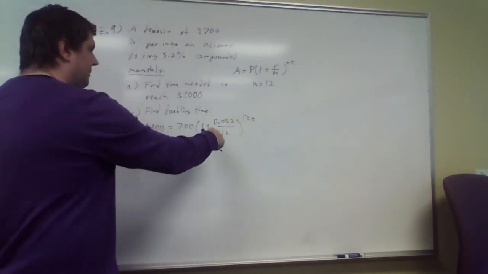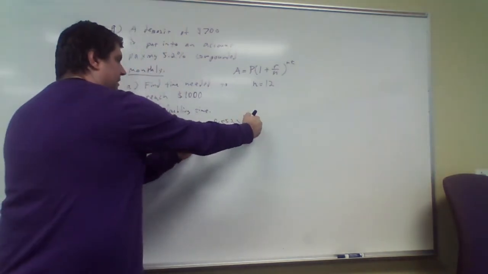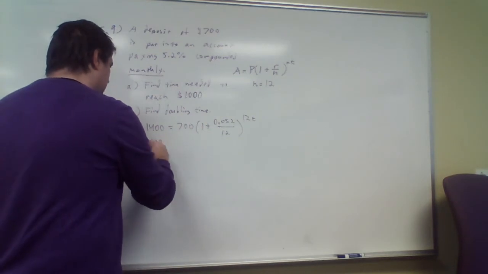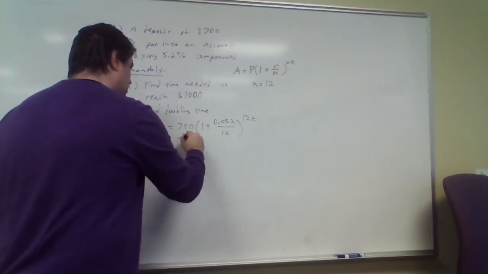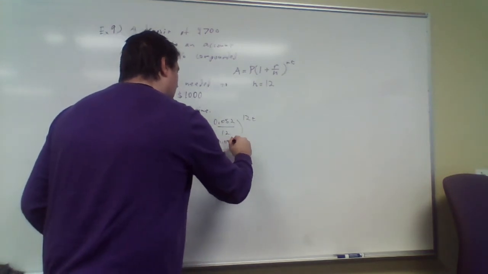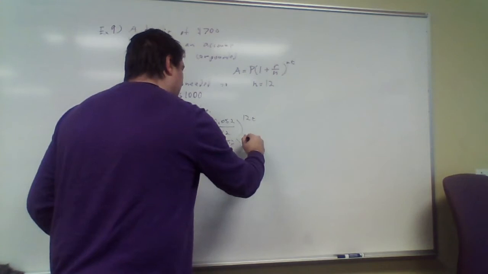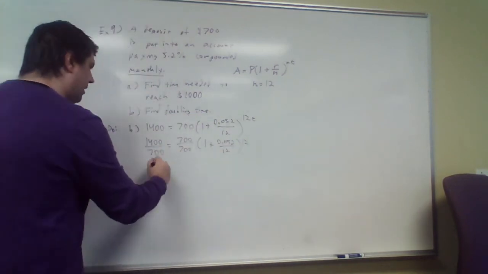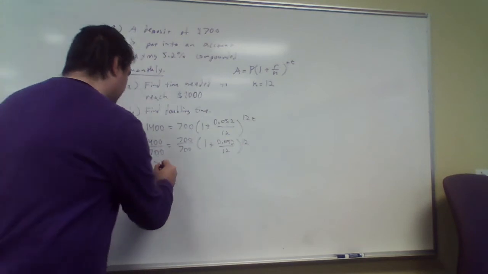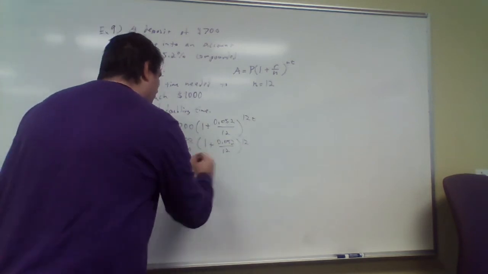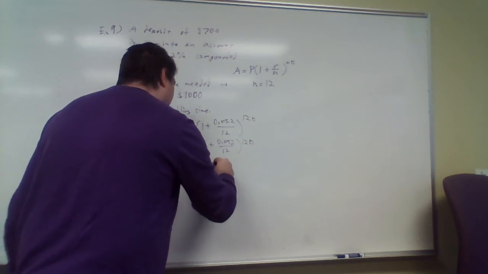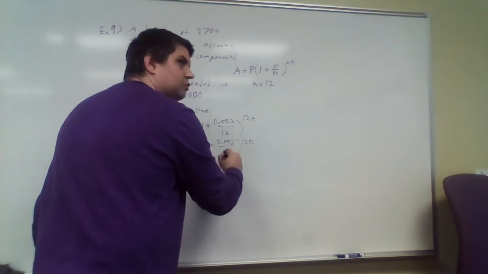As I did last time, I'm going to want to isolate the exponential expression by dividing out that 700. So that's what I'll do. And as I told you about doubling time in the previous example, this is going to become 2. So you're always going to have a 2 anytime you have a doubling time question. And then this is still 1 plus 0.052 over 12 to the 12t power.